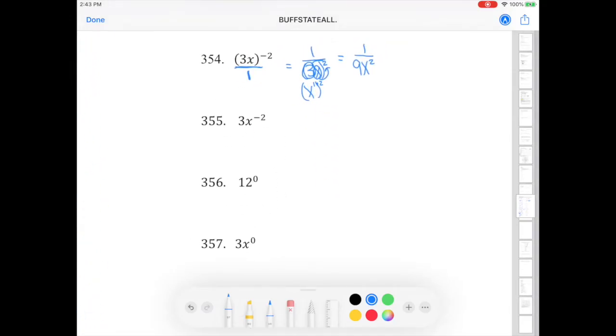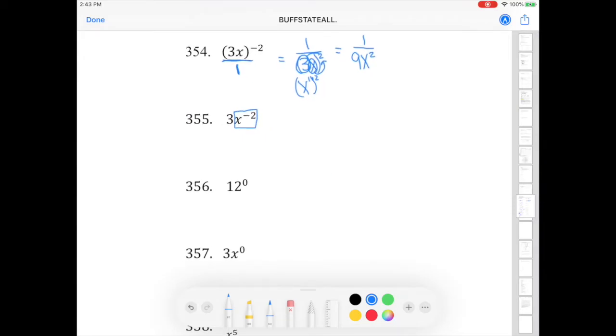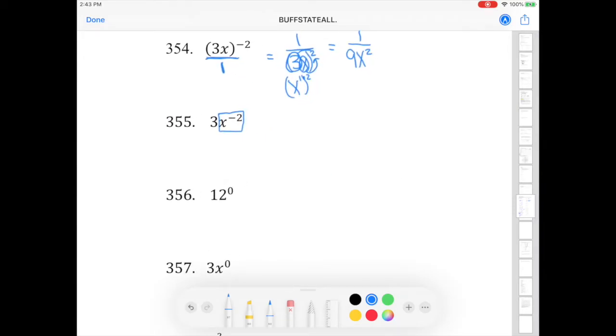Now this next one kind of looks like the same problem, but there's no parentheses there. So what that tells me is that the only thing raised to the negative second power is the x that's attached to it. The 3 is not raised to the negative second power in this case. So the 3 just carries over. It has nothing to do with the exponent rule we're about to apply. Okay, now when I apply that negative exponent rule to the x first, remember you need it to be a fraction, so I'm going to put it over a 1.